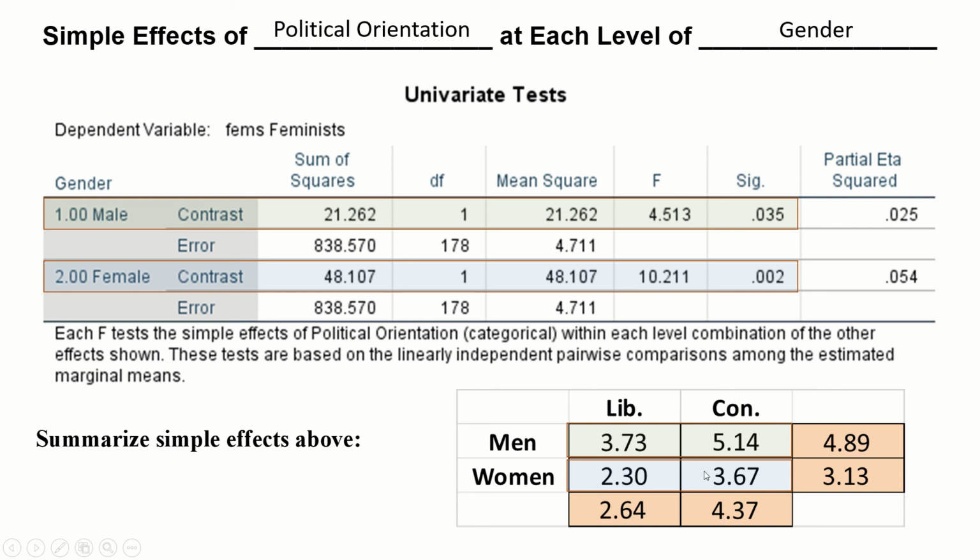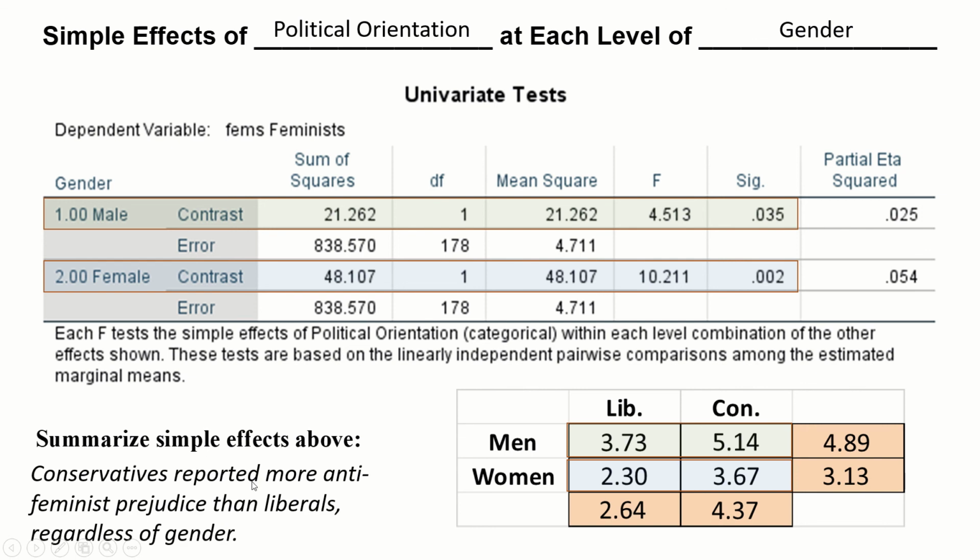Conservative women are reporting significantly more anti-feminist prejudice compared to liberal women. So the simple effect of political orientation is significant for men as well as women. So we can say that conservatives reported more anti-feminist prejudice than liberals, regardless of gender, regardless of whether you reported to be male or female.